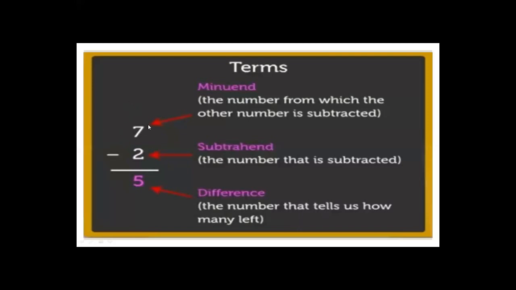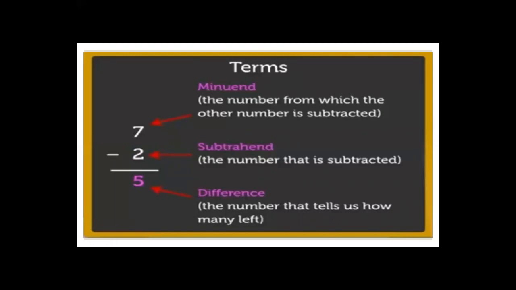Okay, and we can also say the total number is called minuend and the number that is subtracted is called subtrahend. The answer which we get after subtracting these numbers is called difference. I hope you all have understood.